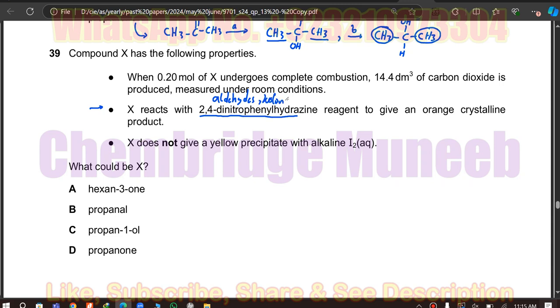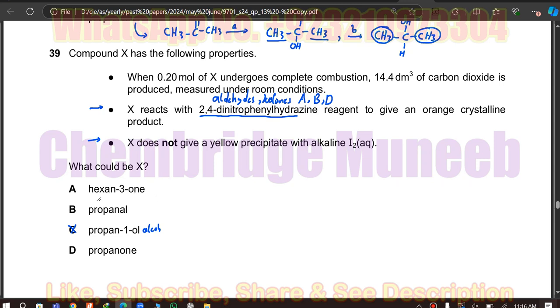So from the given options A, B, C, D, option A contains a ketone, so A will give this test. Option B contains a ketone, so yes, B can give this test. Option C is an alcohol, so it cannot give you the test. And option D is again an aldehyde, so yes, it can give you the test. So C is eliminated. And the third point says X does not give a yellow precipitate with alkaline I2.